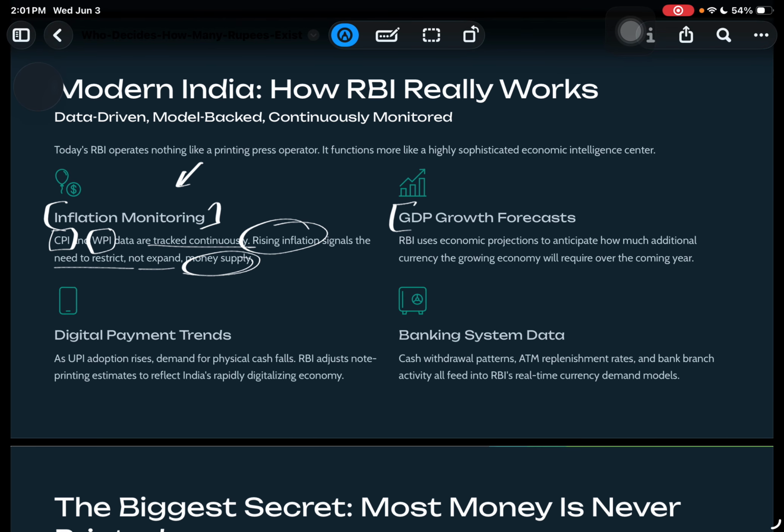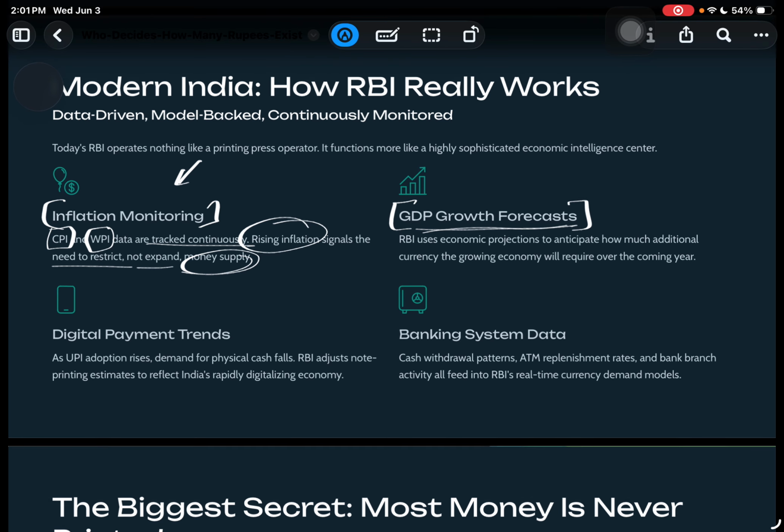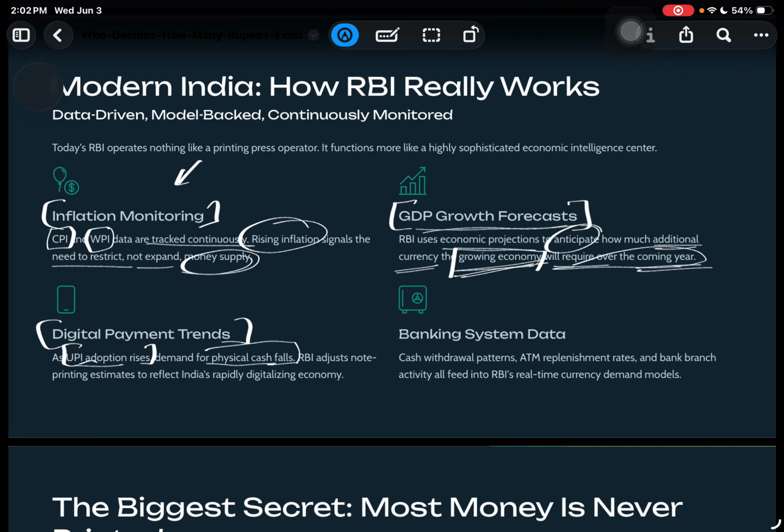It researches GDP growth forecasts. It uses economic projections to anticipate how much additional currency the growing economy will require over the coming year. Right? Digital payment trends: due to UPI being adopted so rapidly, the demand for physical cash is falling.